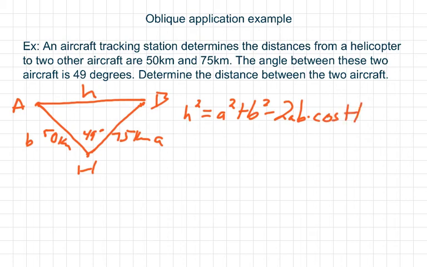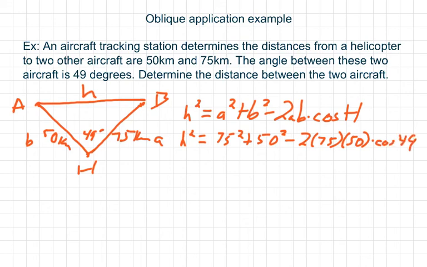I'm going to substitute all my values in. So a is 75 squared plus 50 squared minus 2 times 75 times 50 times the cos of 49.